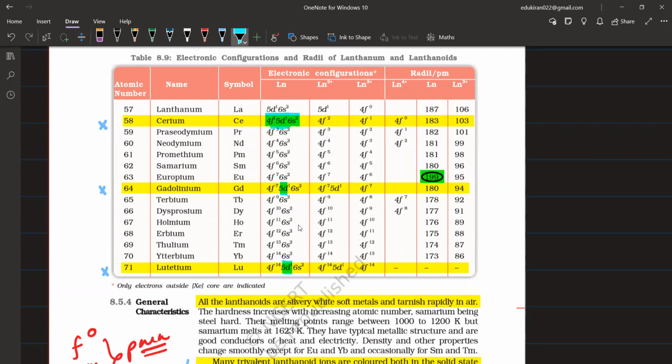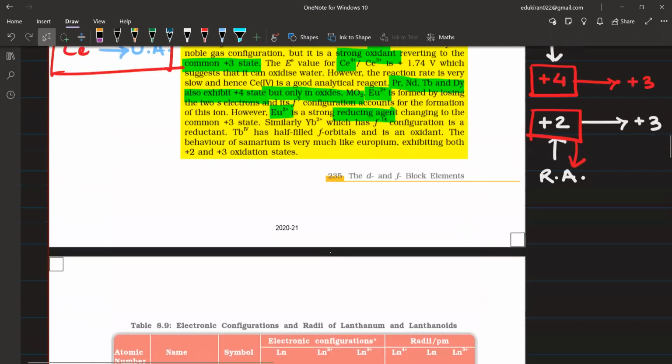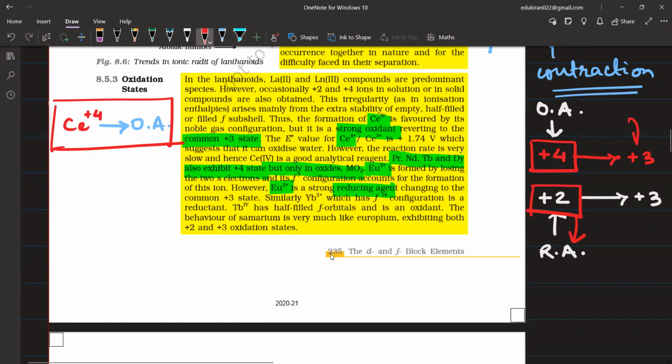You have 4 electrons in the outermost shell, है ना, 4f1 5d1 6s2, ये चारों के चारों आपने निकाल दिया तो फिर आपके पास क्या बन जाएगा, नोबल गैस कॉन्फ़िगरेशन. They have noble gas configuration but still वो वापस से किस ऑक्सीडेशन स्टेट में आ जाता है, +3 ऑक्सीडेशन स्टेट में आ जाता है. ओके, the most common oxidation state of lanthanide is +3, +4 हो चाहे +2 हो, सारे के सारे कहाँ जाएंगे, +3 में ही जाएंगे.